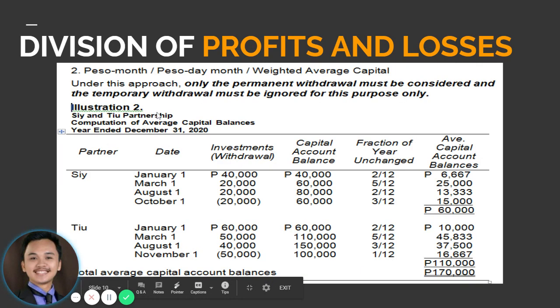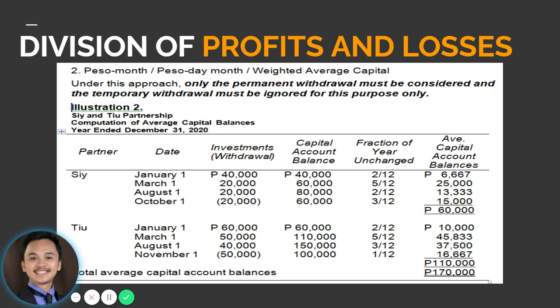The second one is the peso month, peso day weighted average capital. It's a bit complicated compared with the simple average method because all the transactions and activities that affect your capital account, like investment, additional investment, and withdrawals, will affect the average capital balances.